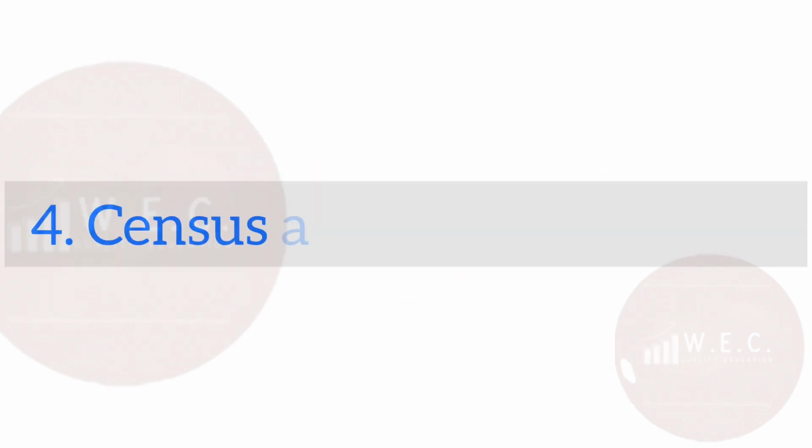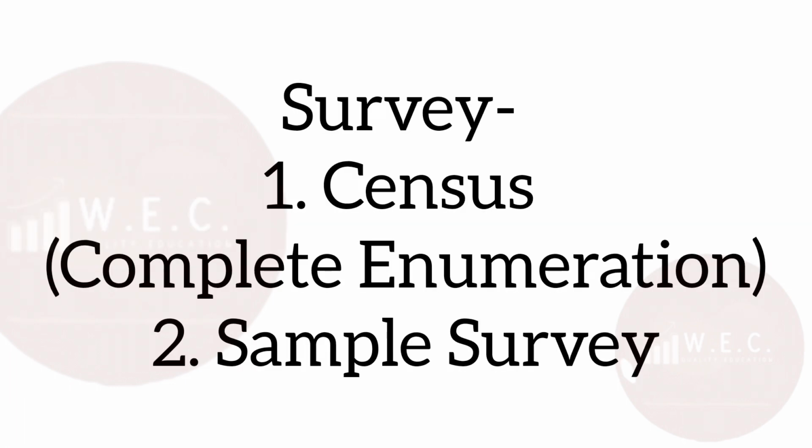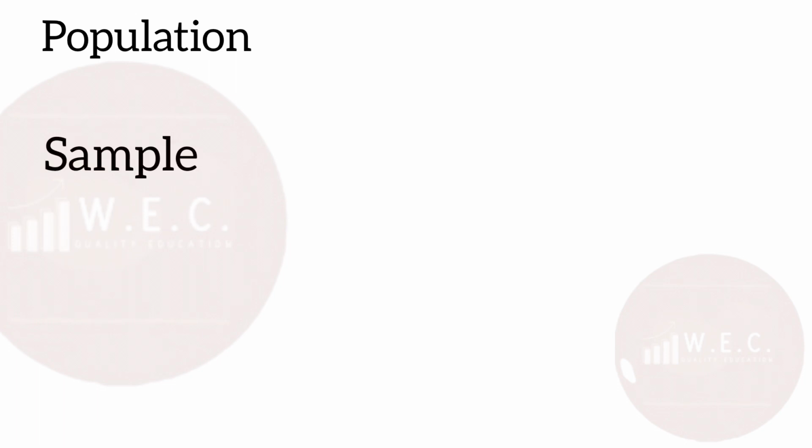Now, the fourth topic, census and sample surveys. I already told you that a survey has two types: one, census or complete enumeration, and two, sample survey. First, let me tell you about population and sample. What is the population and what is the sample?